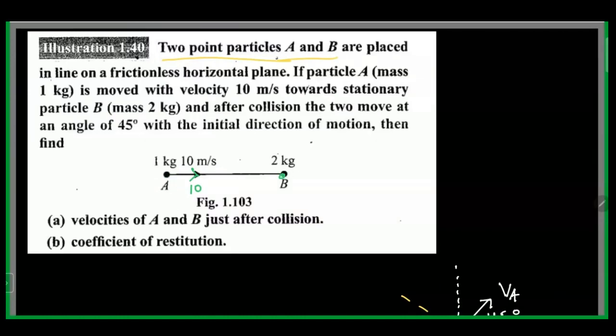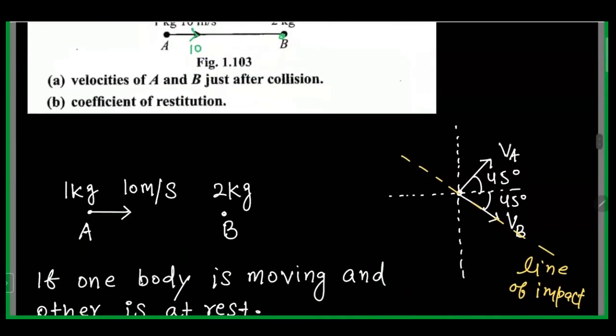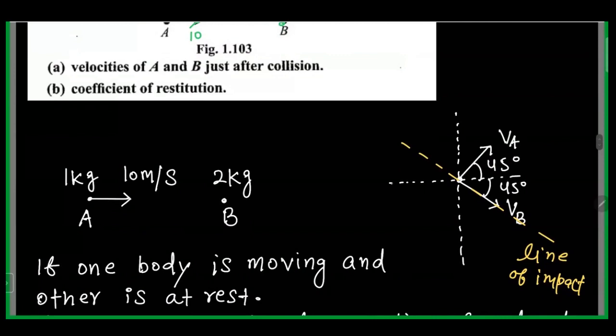After the collision, they both move at an angle of 45 degree. So this is your situation. This is your M1 coming. After collision, your object A goes in this direction and your object B goes in this direction. So this was before collision and this was after collision.